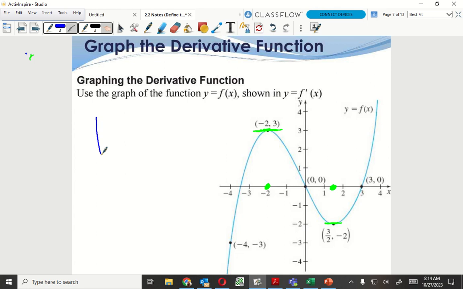Take a look. What shape is this? Parabola. Parabola? What's the degree? 2. 2. This is x squared, right? Yeah? Okay. And so, what do you think this one's going to be? 3. 3. It is going to be 3.